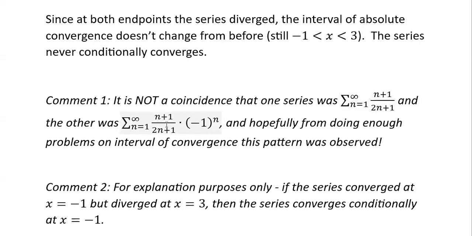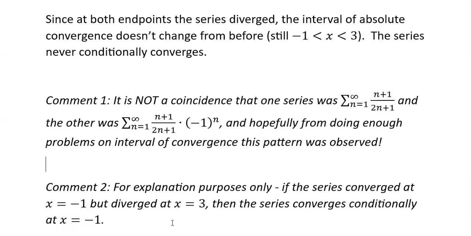So that's why at that endpoint x is -1, it would be conditionally convergent. That's the only value. We don't say that it conditionally converges at x is 3 because the absolute valued version of this is itself, and they both diverge. That's just a technicality to explain the possibility of conditional convergence.